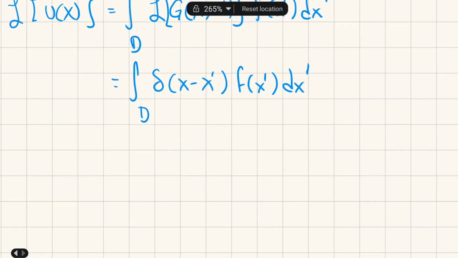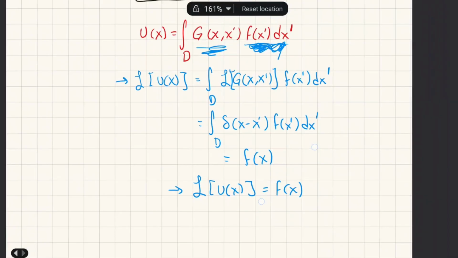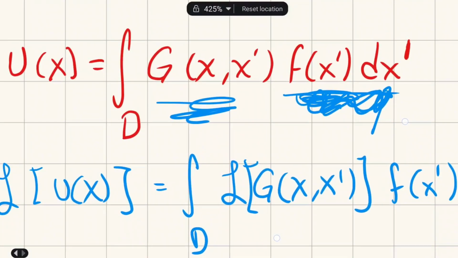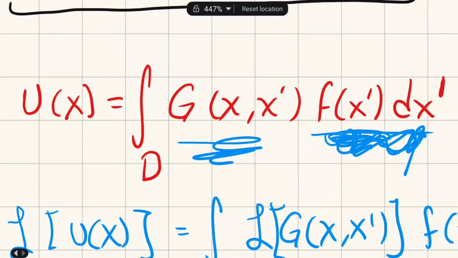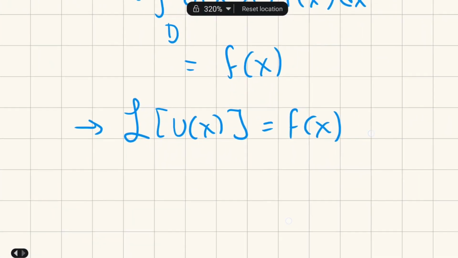And as you should know, this is equal to f of x. So what we see here is that L applied to u of x is equal to f of x. That means that the solution that we proposed, this one over here, is actually true. It is the solution to the differential equation.